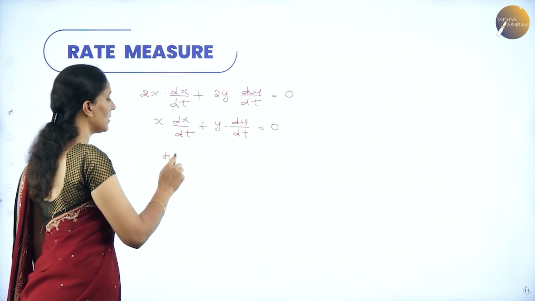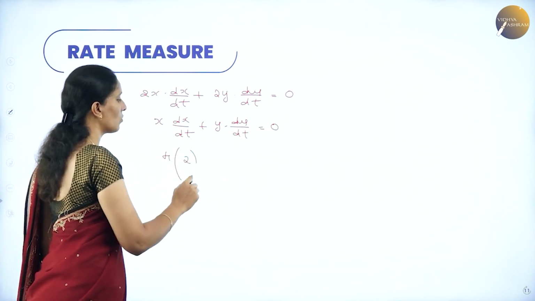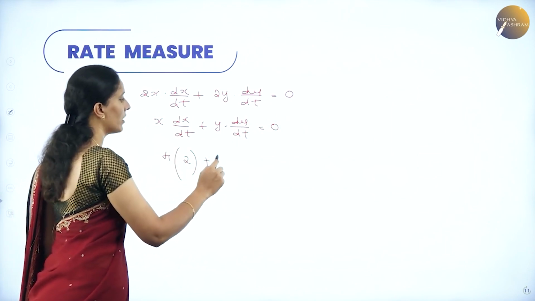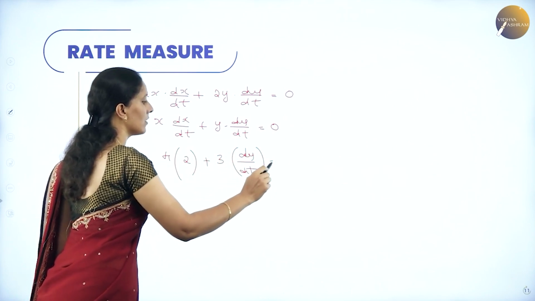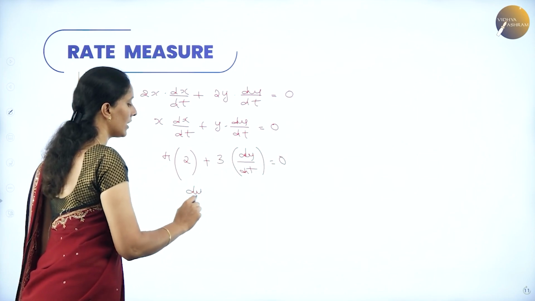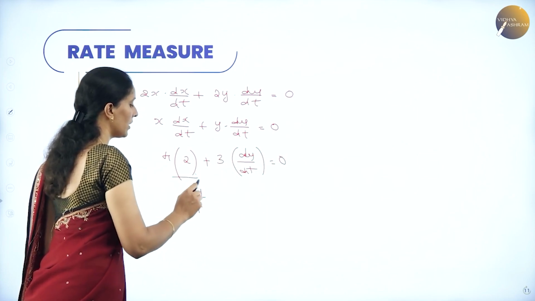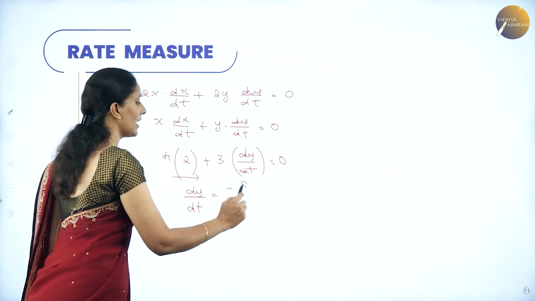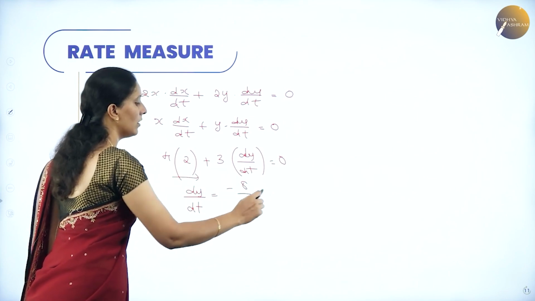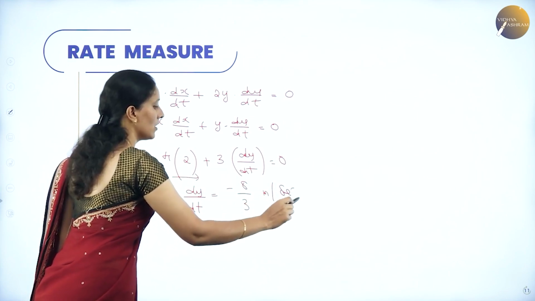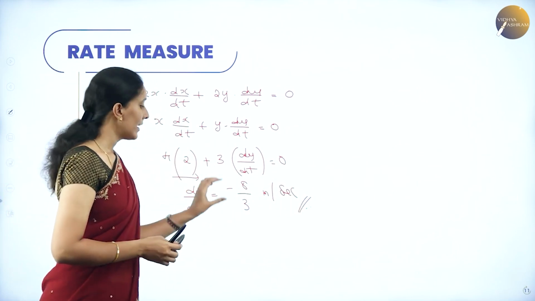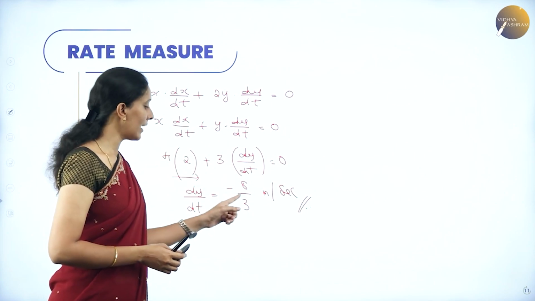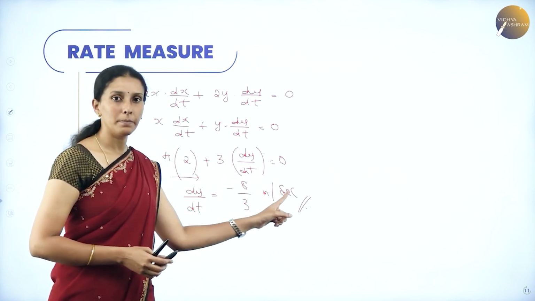X is 4 meter, dx by dt is given as 2 meter per second, and y you have got as 3 meter. You have to calculate dy by dt. On solving this, when you shift, 4 2s are 8, it is minus 8, and 3 comes to the denominator. So the height on the wall is coming downwards at the rate of 8 by 3 meter per second.